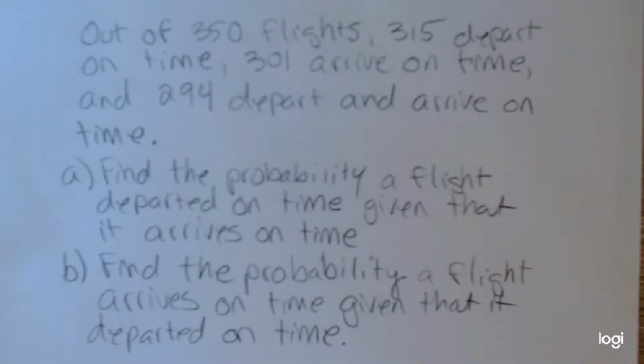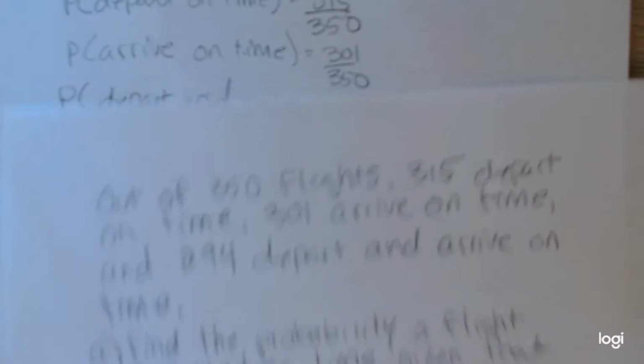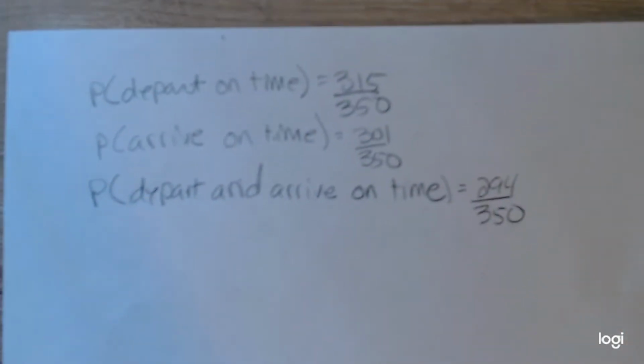So this first part, we want to find the probability of a flight departed on time given it arrives on time. And B, we want to find the probability that a flight arrives on time given that it departed on time. It may sound like those are the same problem, but they're actually not. So we first want to summarize the information.